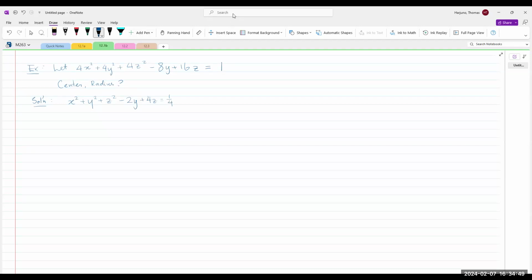Okay, and then from here, I complete the square. Let me group them first. So this is the x squared group, y squared minus 2y, and then z squared plus 4z, that equals 1/4. If I complete the square, what number do I need to add here to complete it? Anybody? I wonder if you remember.